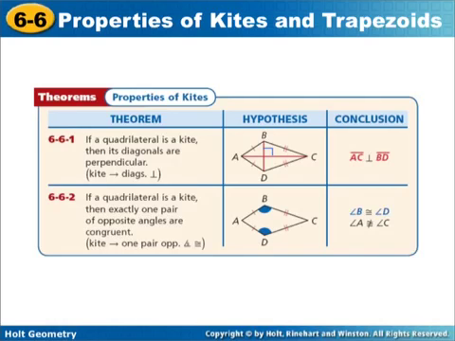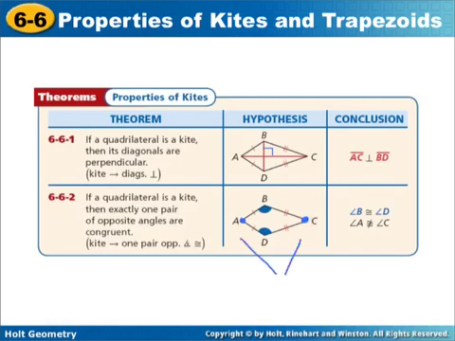Some vocabulary for you that might be a little bit helpful is in a kite, the points that are between the congruent sides, so like this side and this side are congruent, so I'm looking at the point in between them, and this side and this side are congruent, and I'm looking at the point in between them.